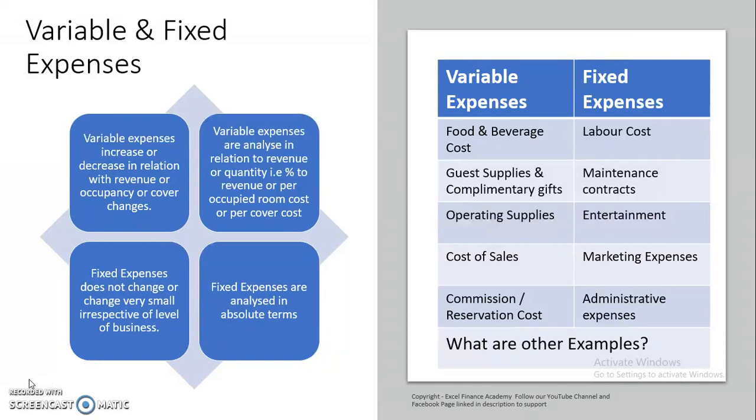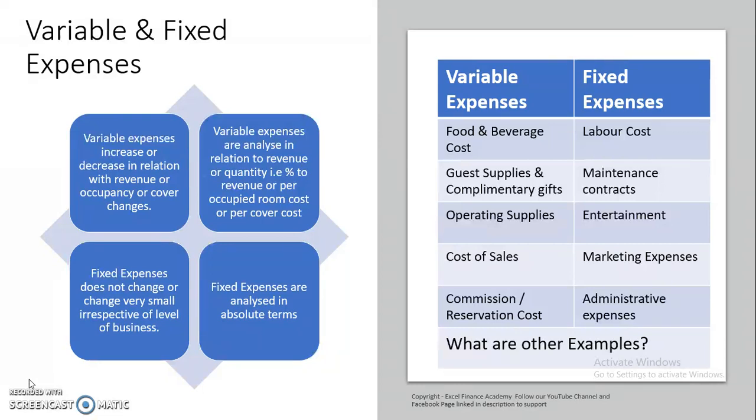Individual hotels' operations may have different sets of variable and fixed expenses depending on their operation setup and how they operate. The operation managers must be able to understand which expenses of their department are fixed, which are variable, and which are step fixed, or which will trigger only after a certain level of occupancy.